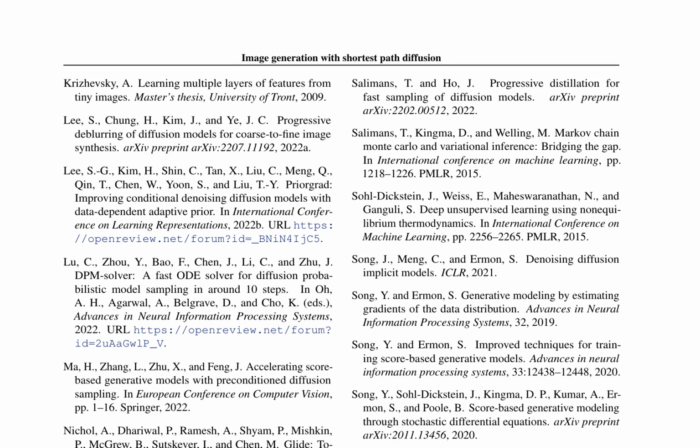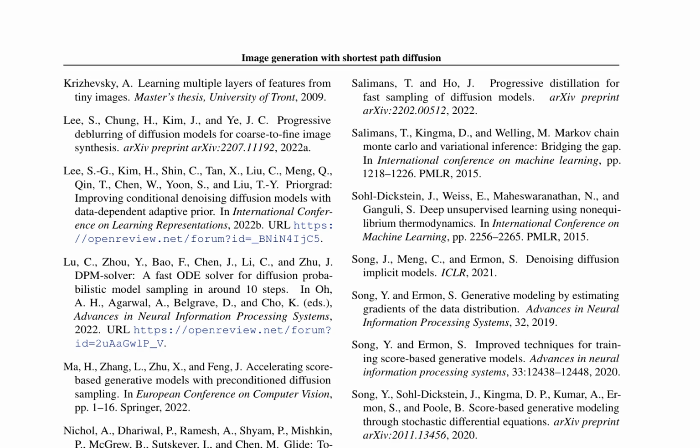Image generation using shortest path diffusion is a rapidly evolving field, built upon foundational works on diffusion models, denoising, and score-based generative modeling. Krizhevsky's pioneering work on learning multiple layers of features from tiny images laid the groundwork for subsequent advancements. Li et al.'s progressive deblurring of diffusion models enabled coarse-to-fine image synthesis, while their PriorGrad approach improved conditional denoising diffusion models with data-dependent adaptive priors.